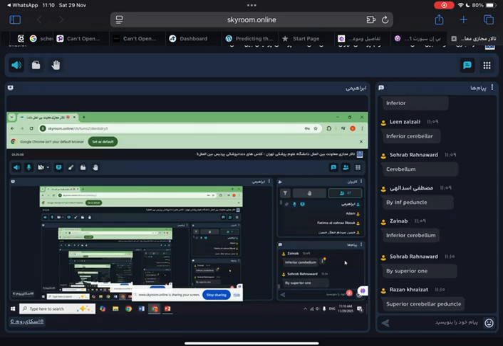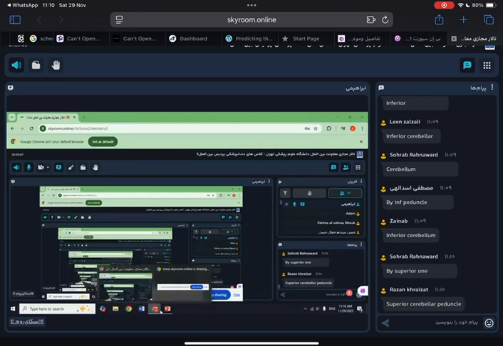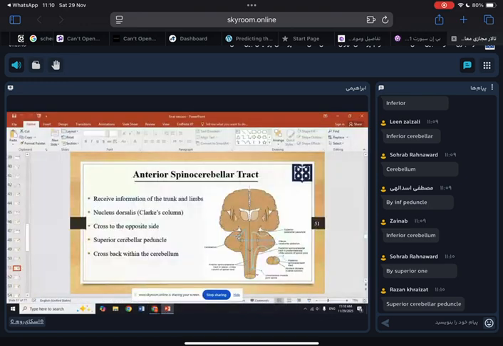Yes, Sohrab said true. Yes, Razan, that's true. By means of the superior cerebellar peduncle, connecting the midbrain to the cerebellum.